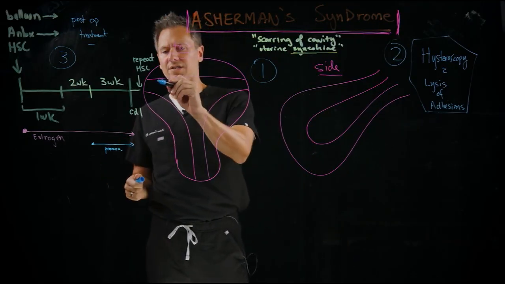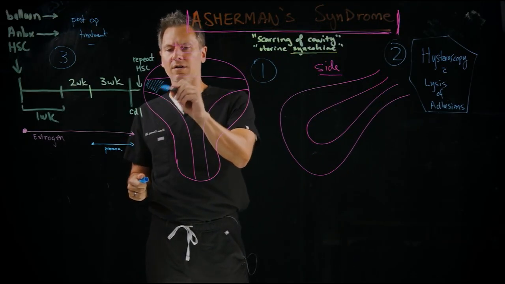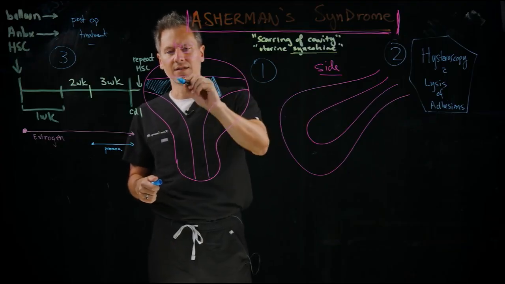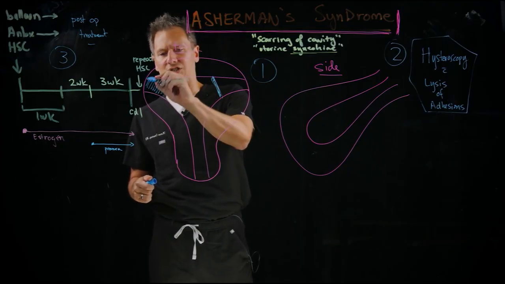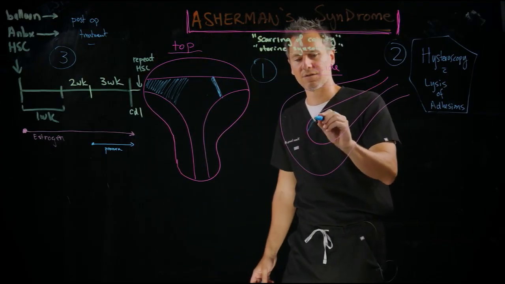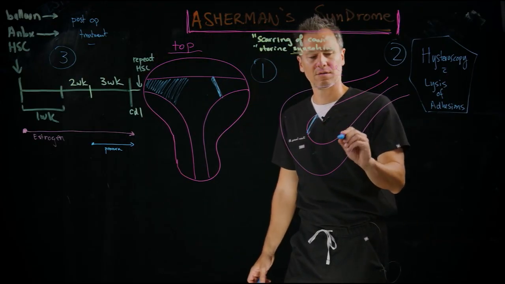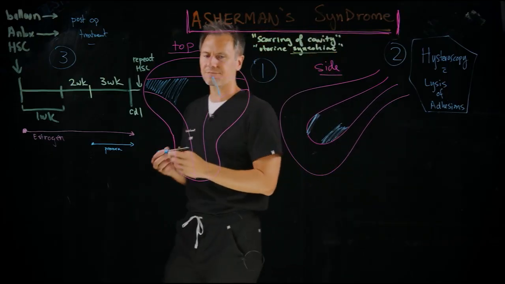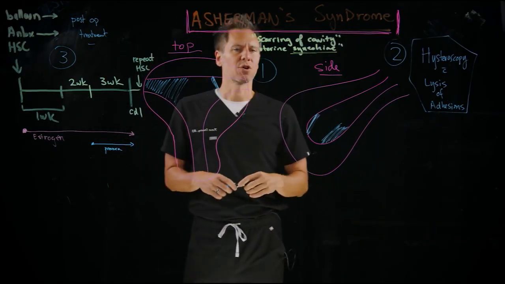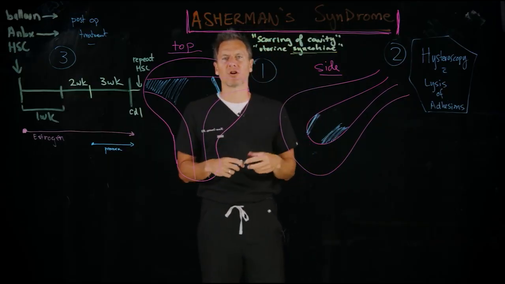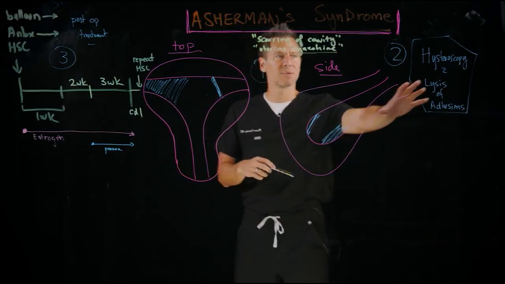The blue is the scar. Here's just one synechiae band. Here's this section that is obliterated. This would be kind of like a side view of that, roughly.